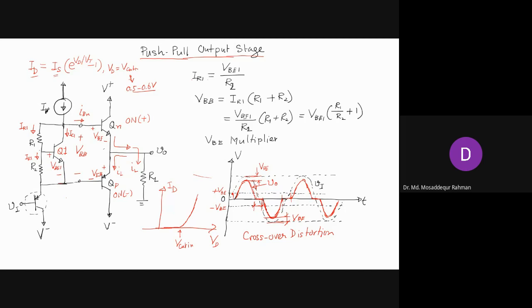Hello guys, what is the configuration of this one?